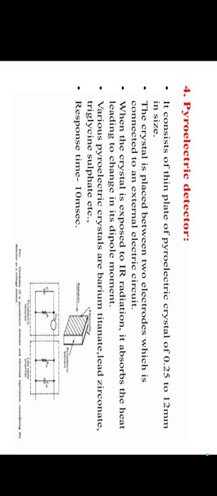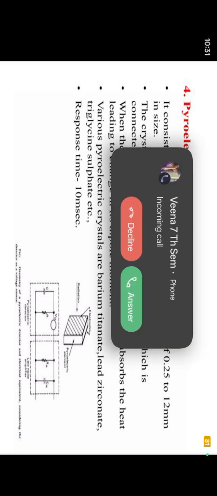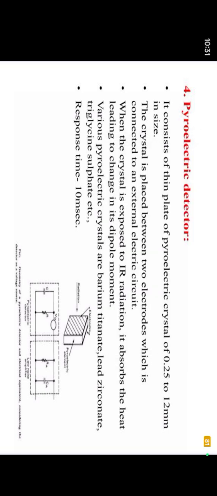When the crystal is exposed to IR radiation, it absorbs the heat, leading to changes in its dipole moment. The various pyroelectric crystals are barium titanate and lead. The response time for the pyroelectric detector is 10 milliseconds.